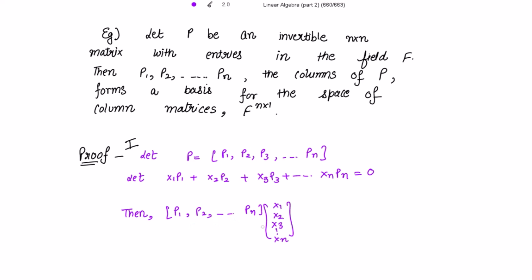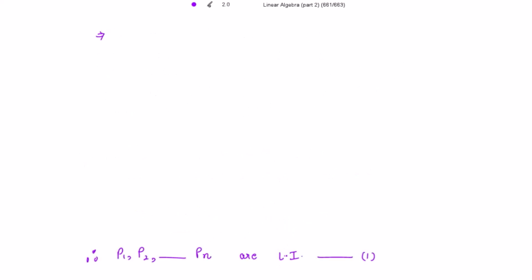If you multiply these two, you will get back the above equation, which is equal to 0, right? This complete matrix is your P and this is your x. So can I write Px equal to 0, where x is x1, x2, x3, and so on up to xn?